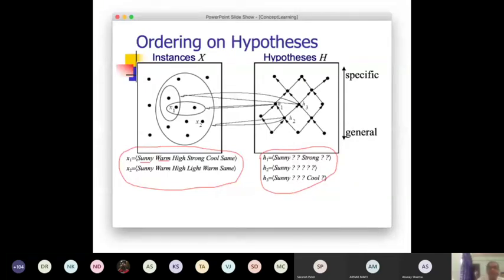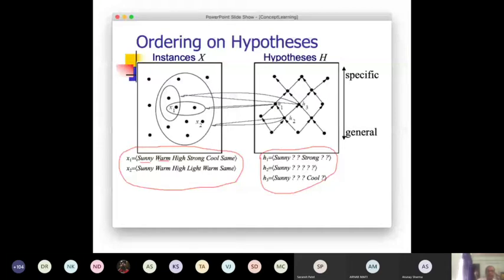That means H3 is more specific than H2, or H2 is more general than H3. So this is a relationship, but you cannot compare H1 and H3. So it's a kind of partial ordering, and you can observe this order. That is how the hypothesis space is organized.